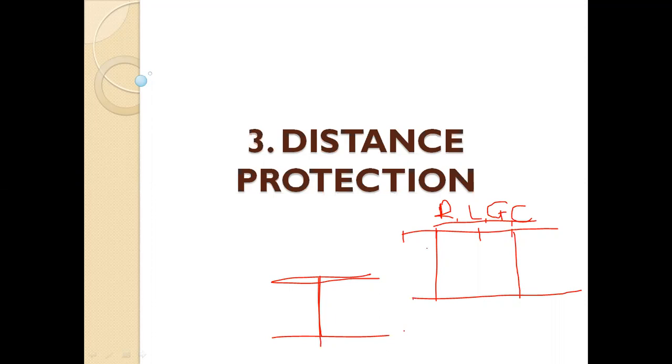So we are not protecting this whole transmission line by using a single relay or more than single relay. We are simply doing the sections of this transmission line, and we are protecting that section. But how actually that section can be protected? Which types of relays can be used for this distance protection? That is seen in this chapter.